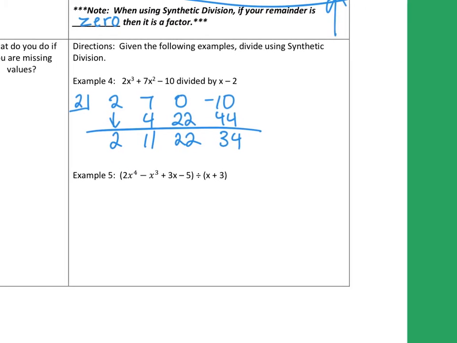So this was not a factor, but to rewrite it as a polynomial, my first term is going to be 1 degree less than the first term was originally, which is just going to be an x squared. So 2x squared plus 11x plus 22 plus 34 over x minus 2.